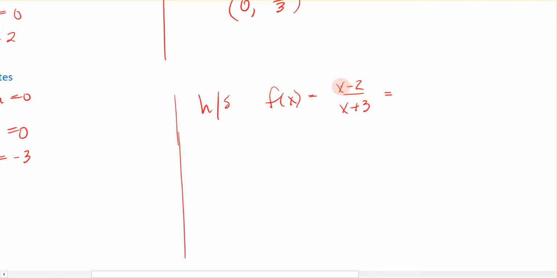Well, the degree of the numerator is 1, and the degree of the denominator is also 1. So they're equal. When the degrees of my numerator and denominator are equal, we take the coefficient in front of my leading term, and we say that y is equal to 1 over 1, or just 1. So I have a horizontal asymptote occurring at y is equal to 1.